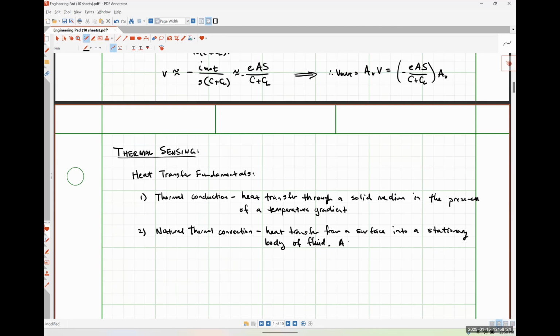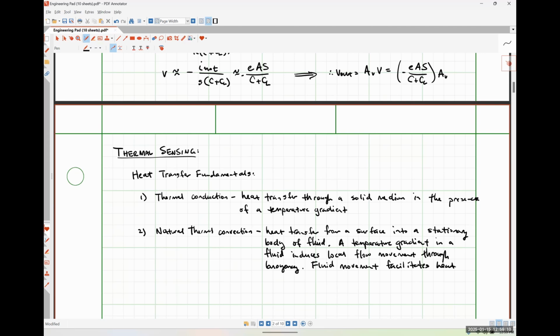A temperature gradient in a fluid induces local flow movement through buoyancy, and the fluid movement facilitates heat transfer.